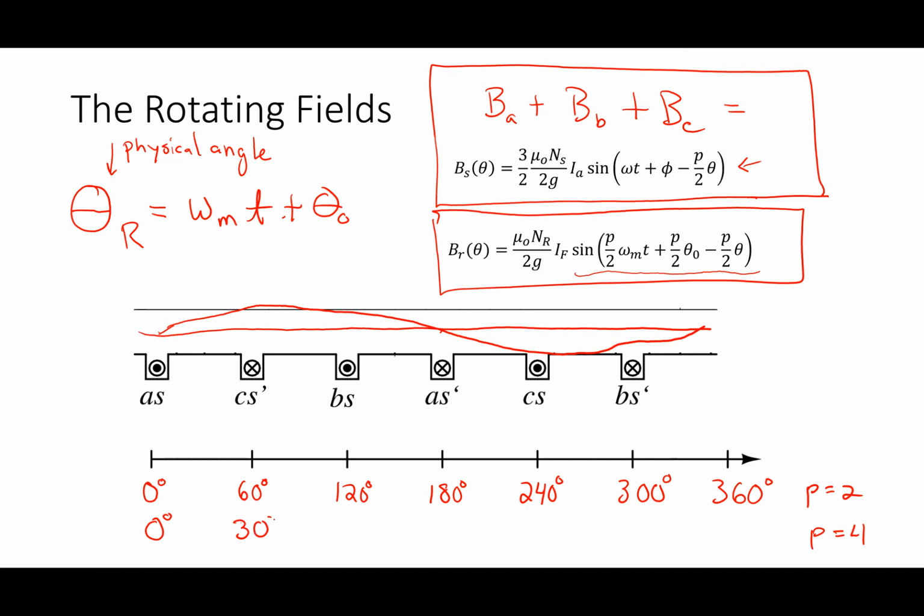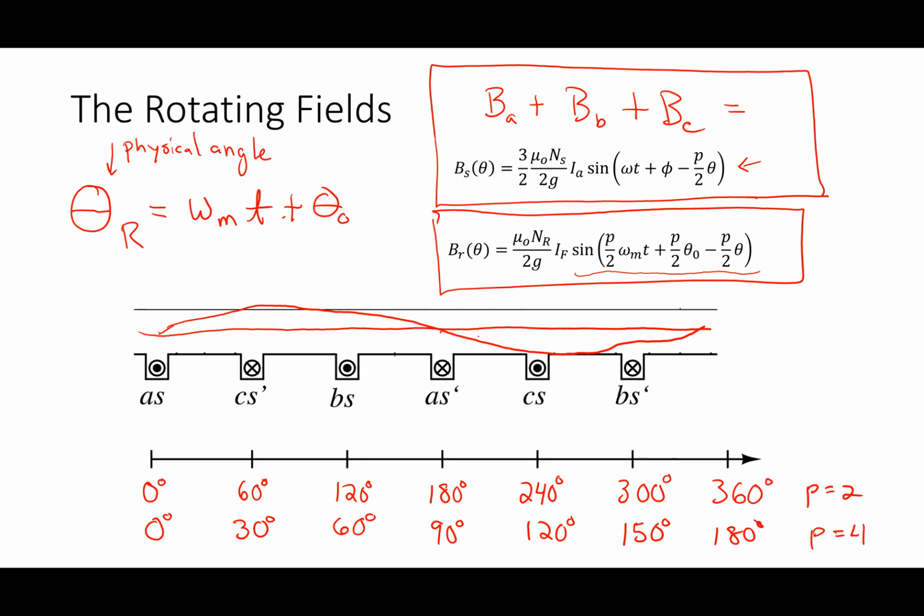So this would be 30 degrees. This would be 60, 90, 120, 150, and 180. So in other words, I've gone around once electrically, but I'm only halfway around the air gap of the machine when I make it to 180 degrees. I'm only halfway around the actual air gap, but I've made it around 1 electrical rotation.